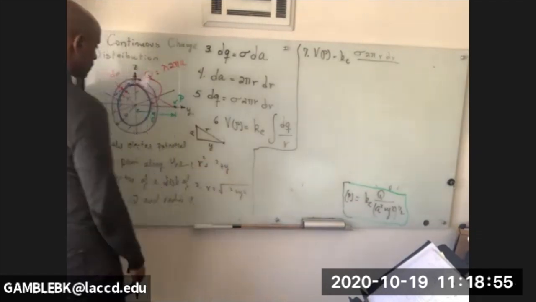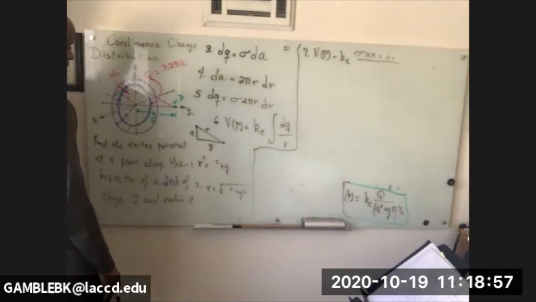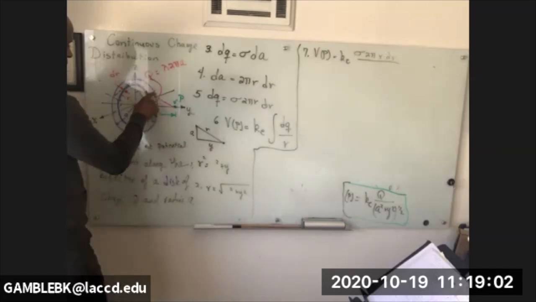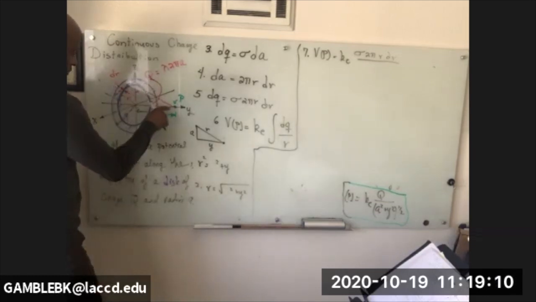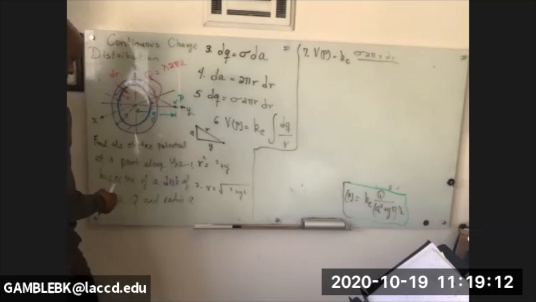Well, yeah, so now what I use, I'd call this R. That thing is a constant, the distance that I'm away. And that's always a constant too, so let's call it rho or something.